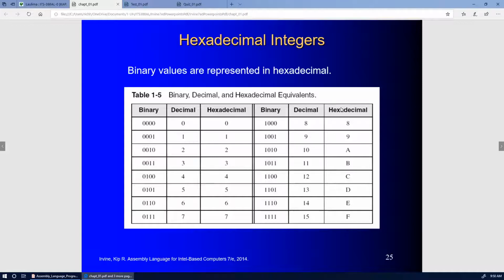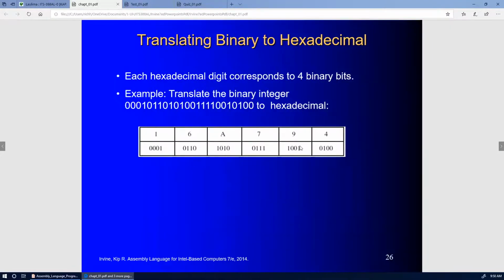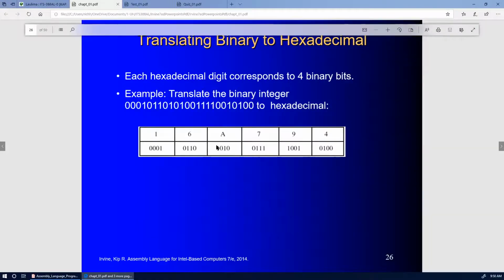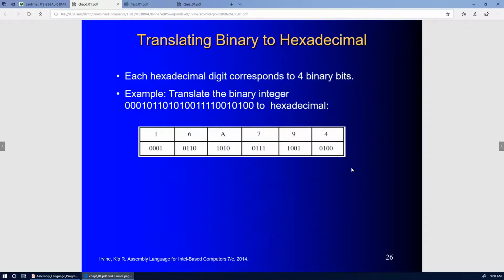You can have a calculator to easily do that. But entering in binary can be tedious and you can make a mistake. Entering in hexadecimal wouldn't be. So this is how that translation would work, as you see. How to translate this into hexadecimal is pretty easy. Just group them up in groups of 4.